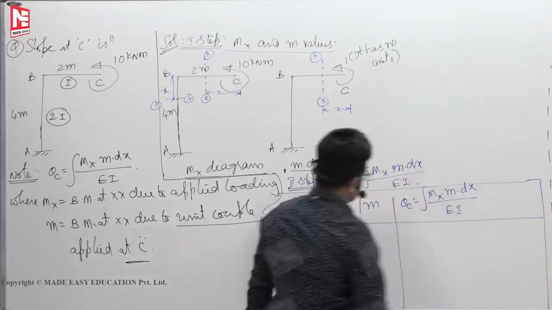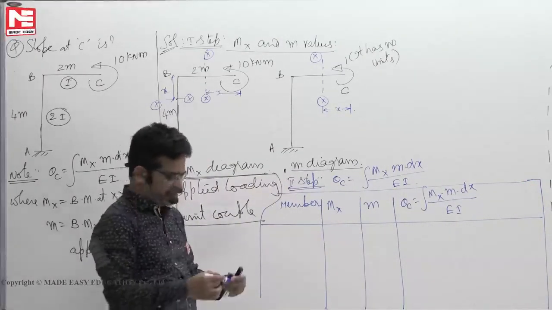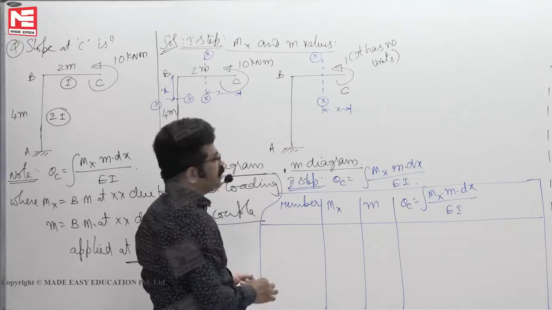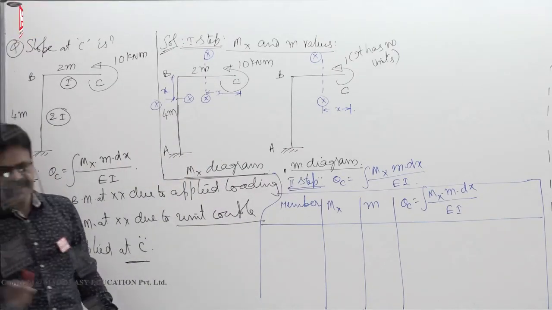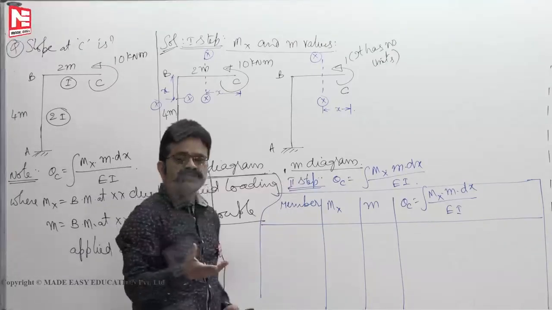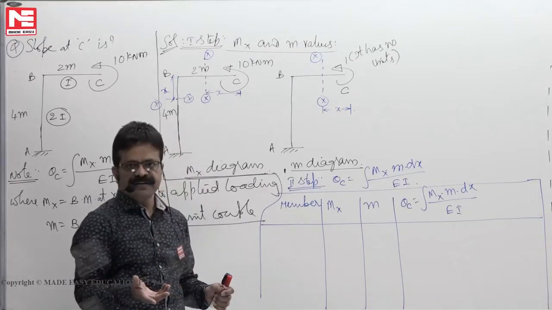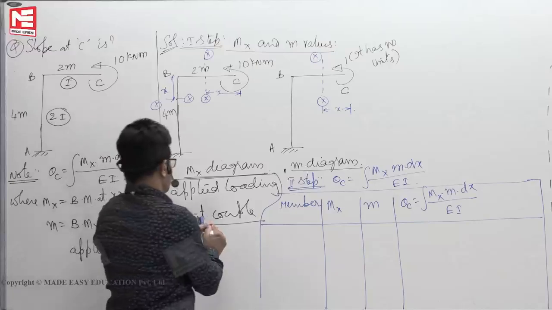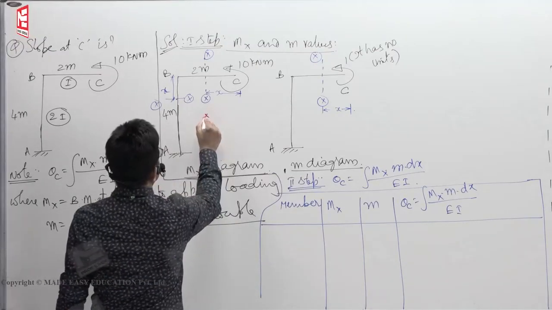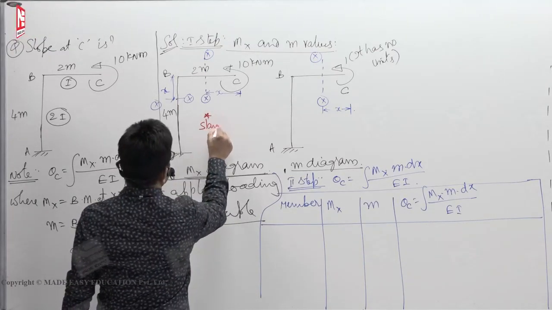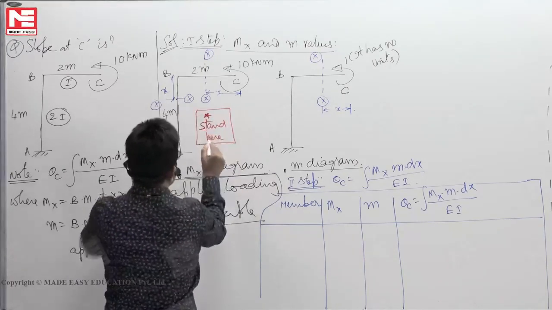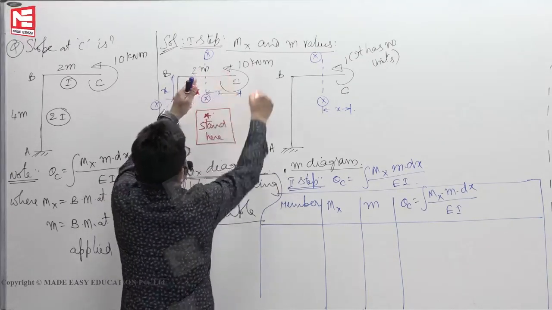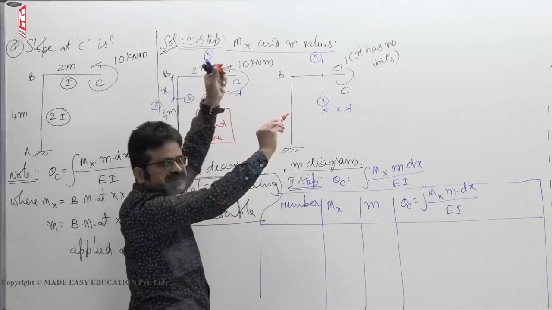Sign conventions are our choice. Whatever way you want, we can take it. Now sagging bending moment you take positive, hogging bending moment you will take negative. To suit your sagging positive, hogging negative, you could stand here, look this way. Section right side anti-clockwise, it will sag the member.